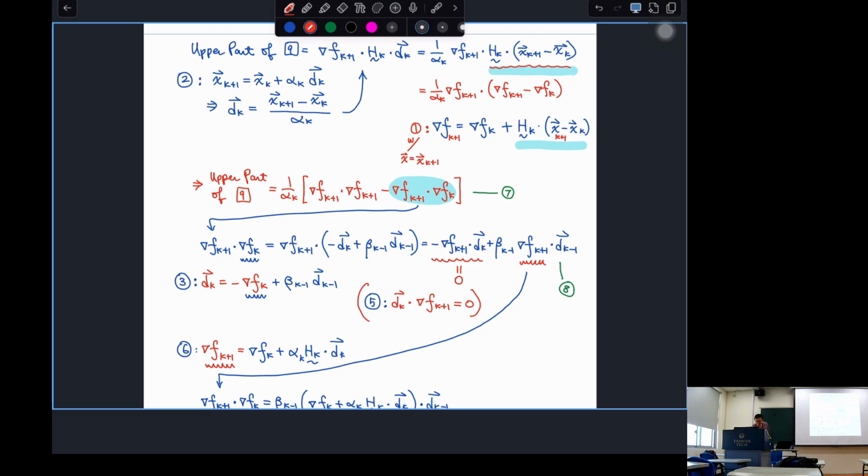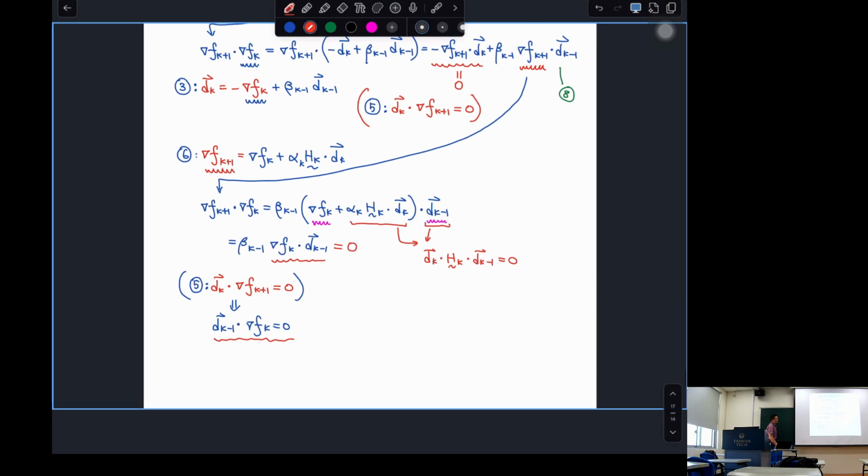And that remaining part can be derived further.